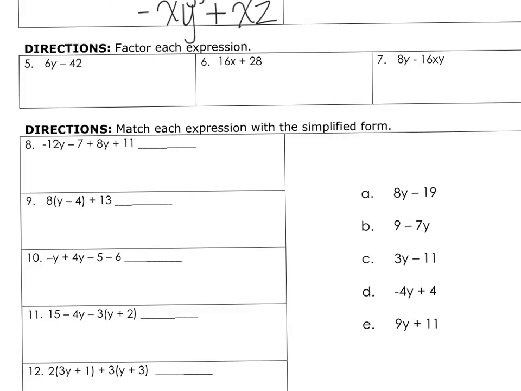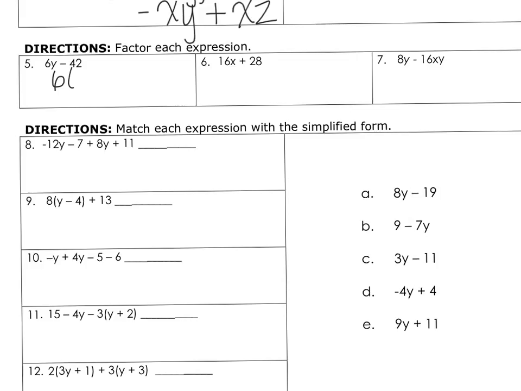Your next directions say factor each expression. Factor should bring about the terminology greatest common factor. If I look at 6y minus 42, what do those terms both have in common? What can I divide out of them? Well, they don't have a variable in common, but they do have a 6.